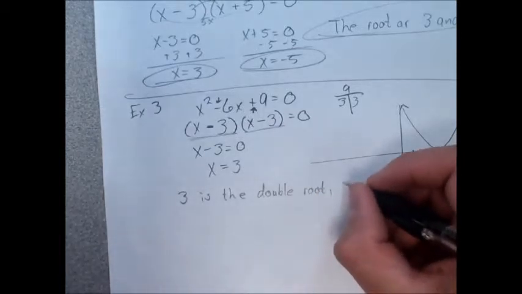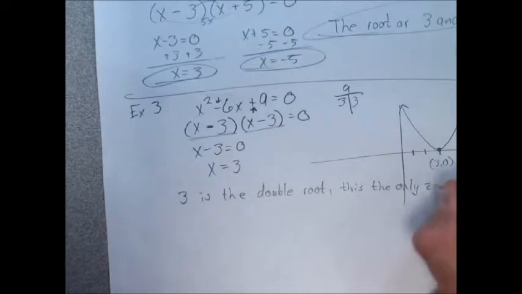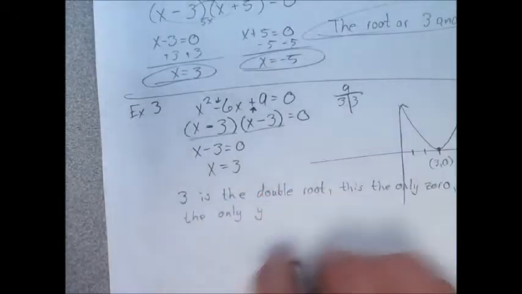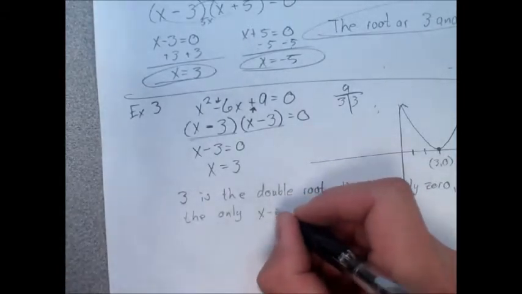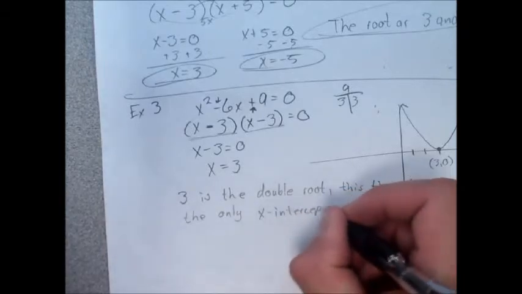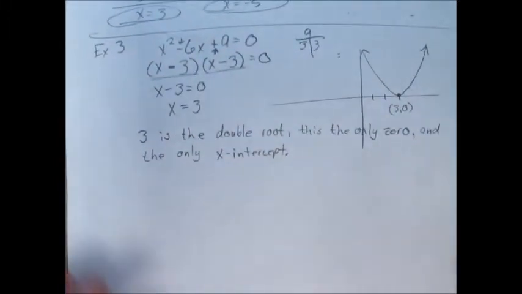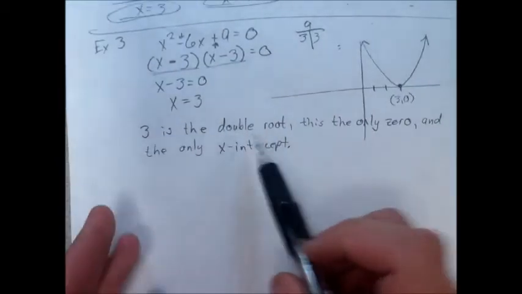This is the only zero, and the only x-intercept, because we're looking where it crosses the x-axis. Okay, all of these terms are basically interrelated and mean pretty much the same thing. Okay, but the big difference is here. It's a double root, but it's only 1 zero.